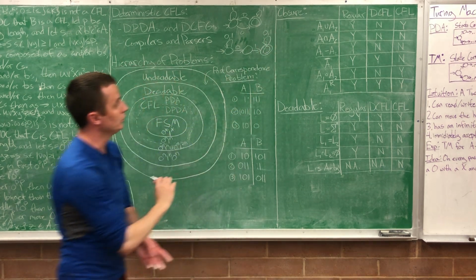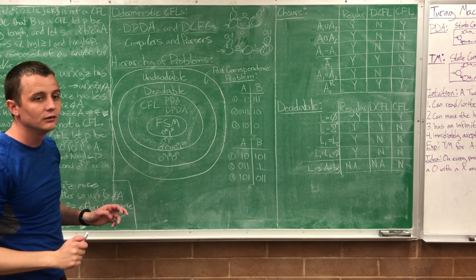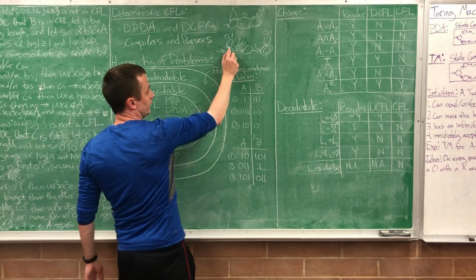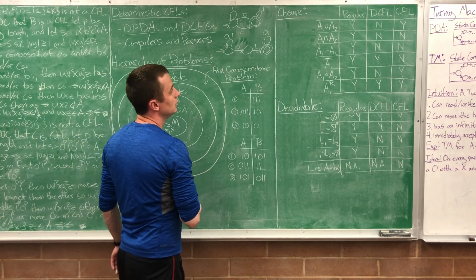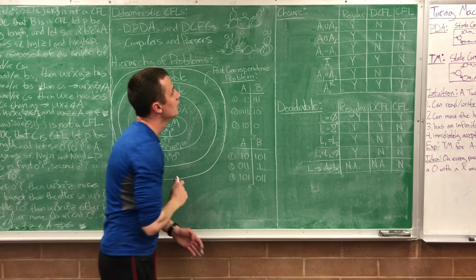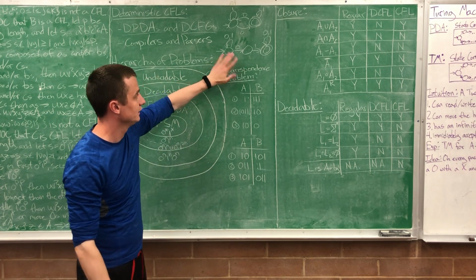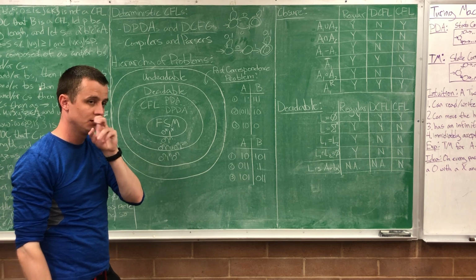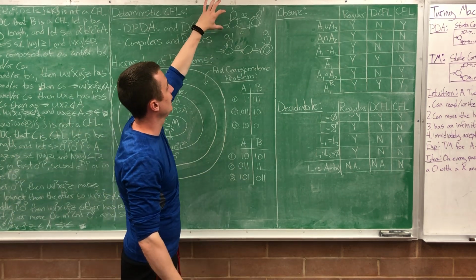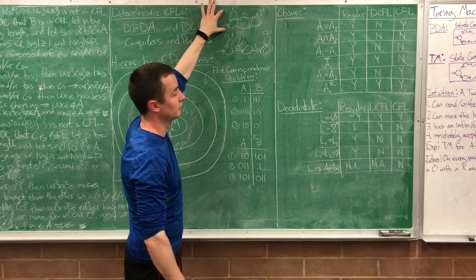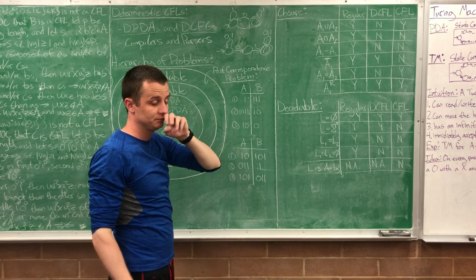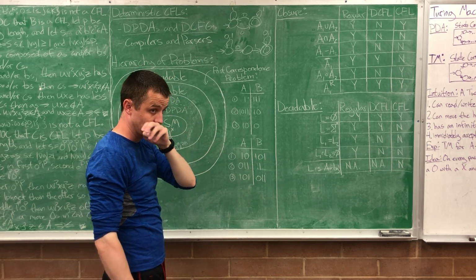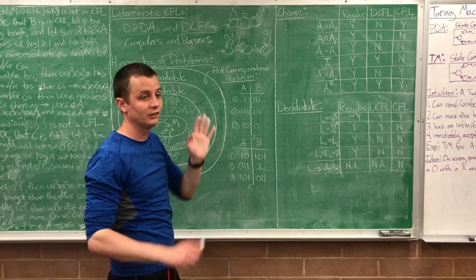If it contains the substring 0, 1 anywhere in it, this will accept. This one we have choices on what to do on a 0 in this location. So if we take a machine that starts out like this and then give it a stack, now we're talking about a push-down automaton. Adding a stack to this is a PDA, adding a stack to this is a deterministic push-down automaton. And when you have a deterministic machine, it can still have multiple accept states.